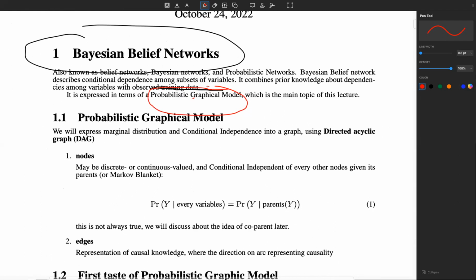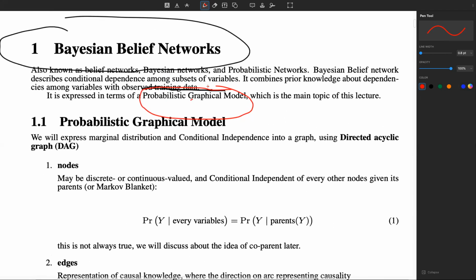About 10 years ago, my research was generally around probabilistic graphical models. The way we typically read a paper is to skip a lot of the words and go straight to the probabilistic graphical model, because once you read the model, you will know what the model is about.